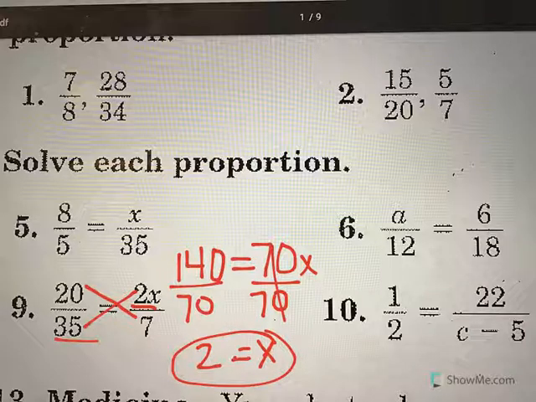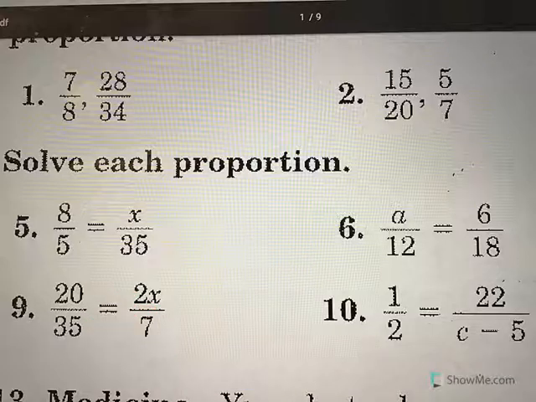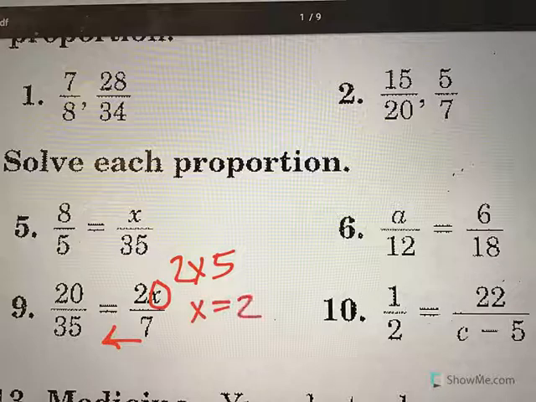Again, if we plug it back in, times 5, times 5, so you have 2 times 5 is 10. But what about that x? 10 times what equals 20? It's still 2.